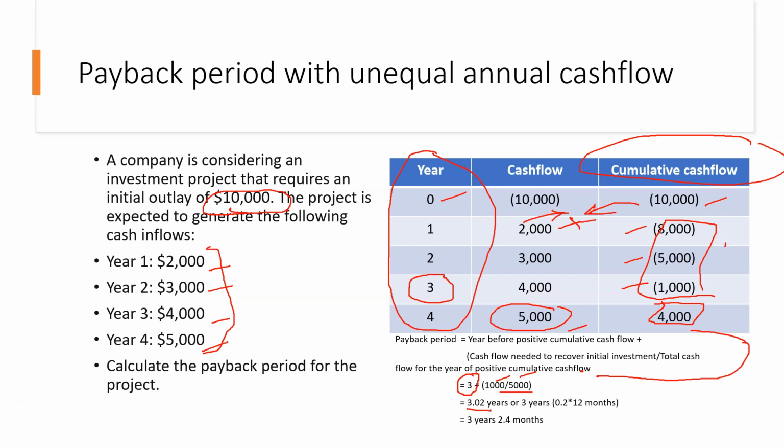That means after 3 years, and then we multiply this 0.2 with 12 months, we can see exactly after 3 years and 2.4 months, you are going to be able to recover your initial investment. So this is how you do the payback period when the cash flow is not equal every year.